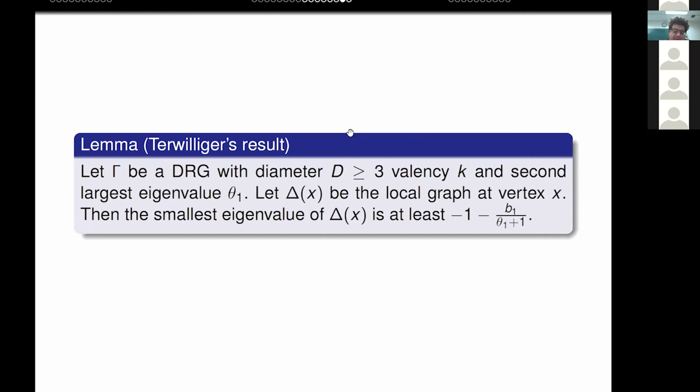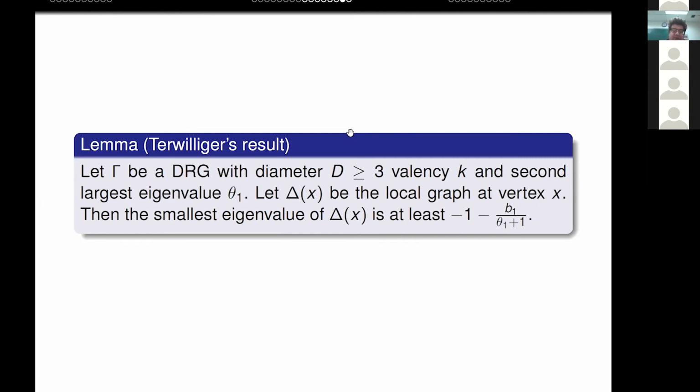Then we need a result by Terwilliger. He showed quite a bit more than this, but I formulated what we need for this proof. Let Gamma be a distance-regular graph with diameter at least 3, valency k, and second largest eigenvalue theta 1.